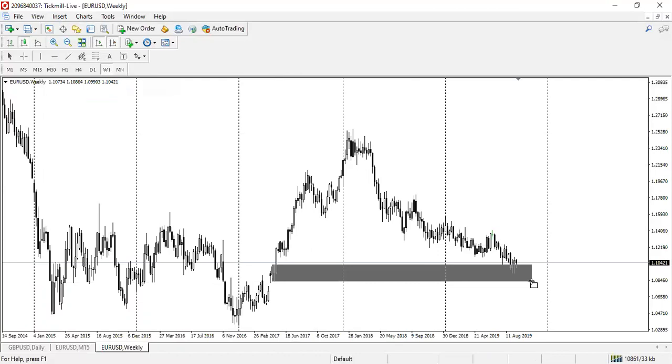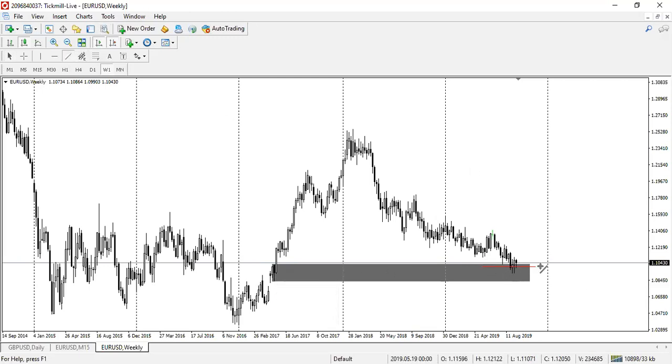This order block. And now I will mark what this order block is based on, this bearish candle here. I'll draw two lines which mark the opening price of this candle, and another line which divides this order block by 2 as follows.